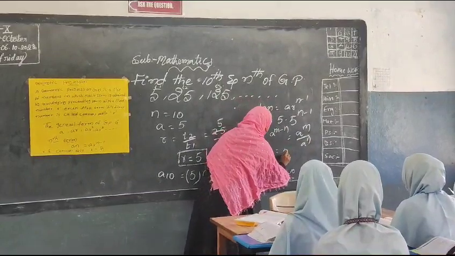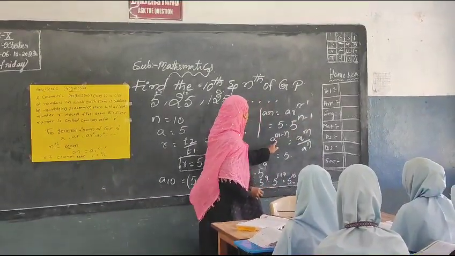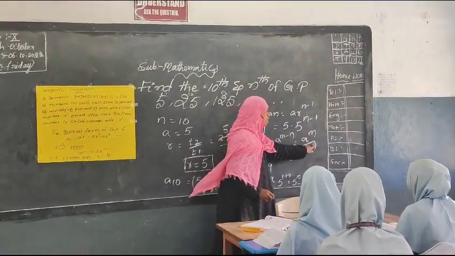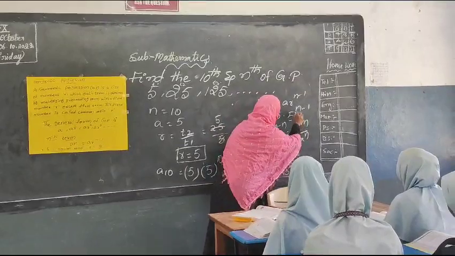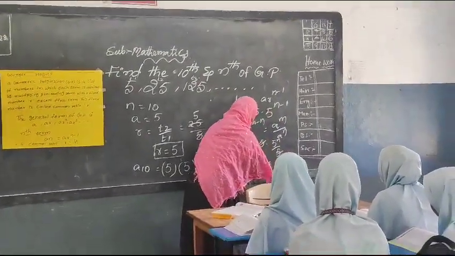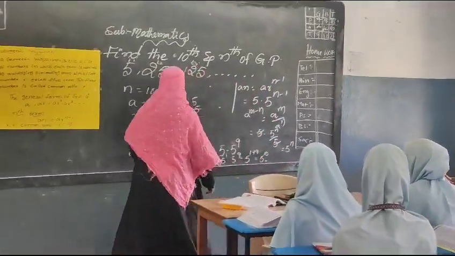So 5 into 5 power n divided by 5. The 5 gets cancelled, so the nth term is 5 power n.